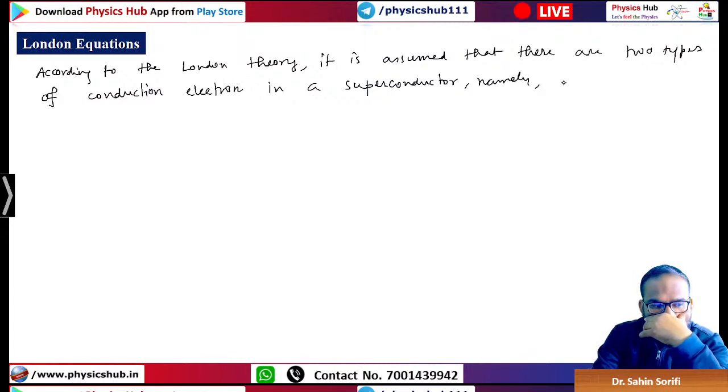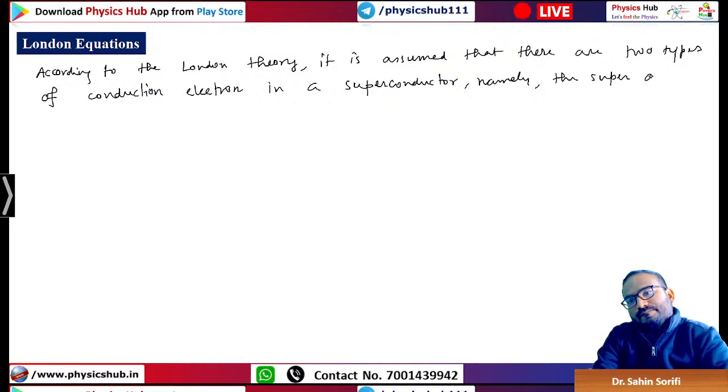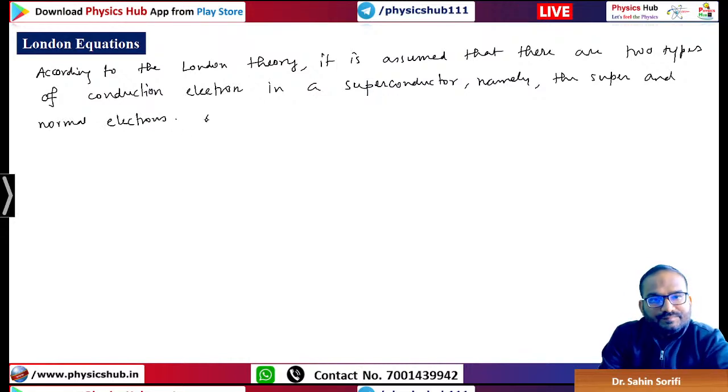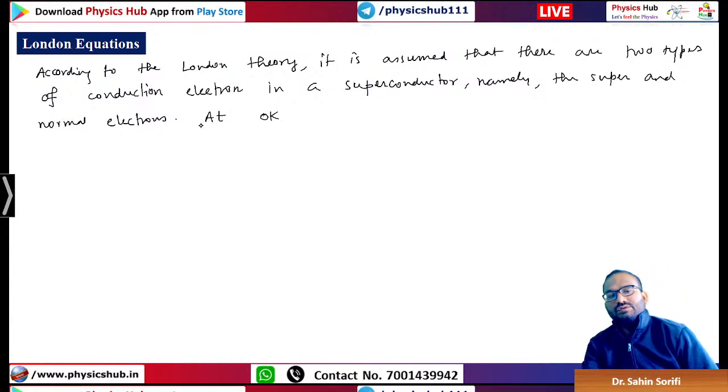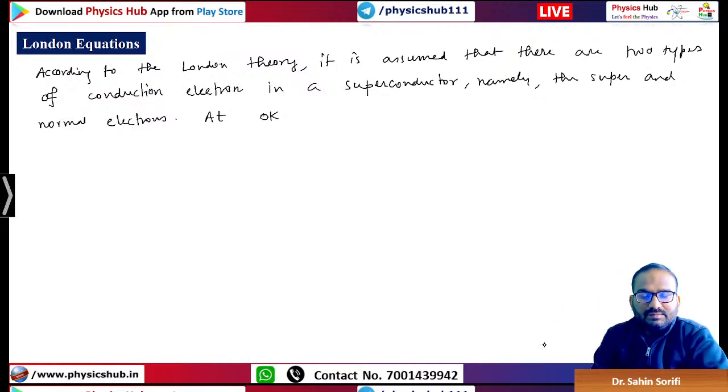Namely, the super and normal electron. So at 0 Kelvin, which electron will be there? All the electrons will be super electrons. And beyond the critical temperature, all the electrons will be normal electrons. And in the mixed state, there will be a mixing of superconducting and normal electrons.